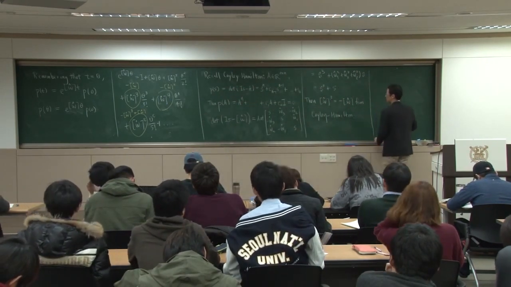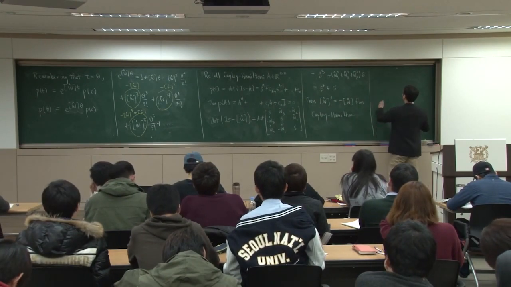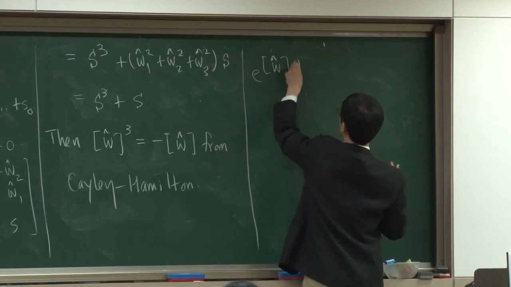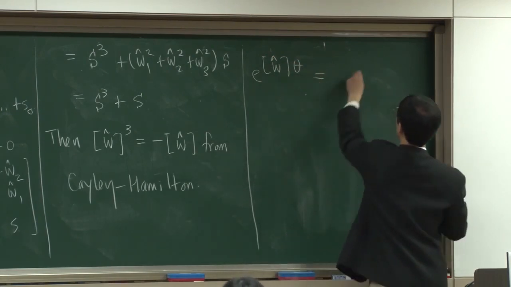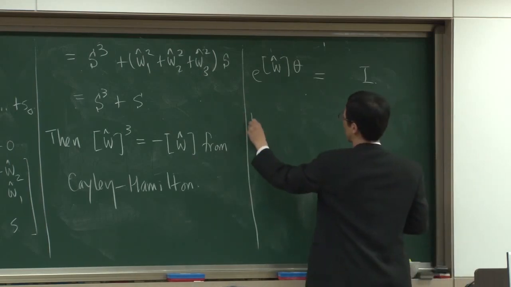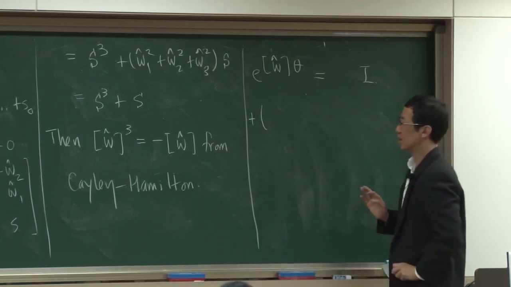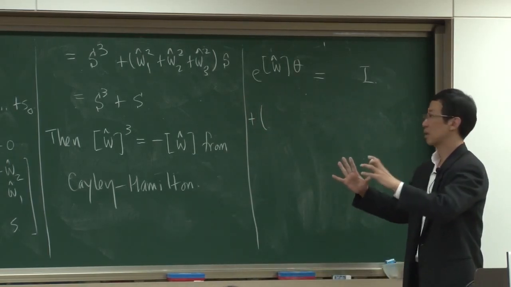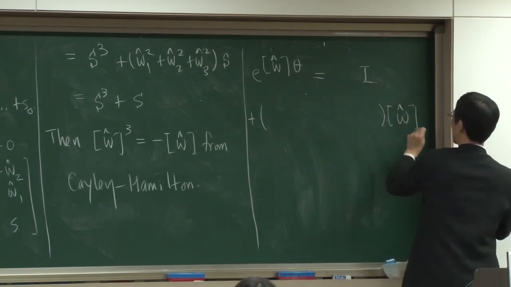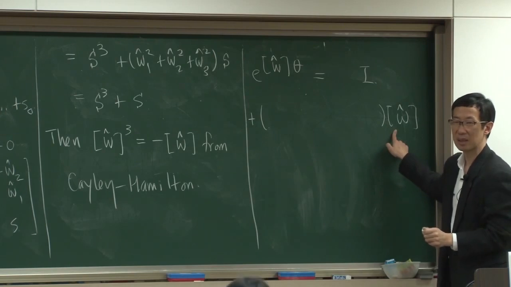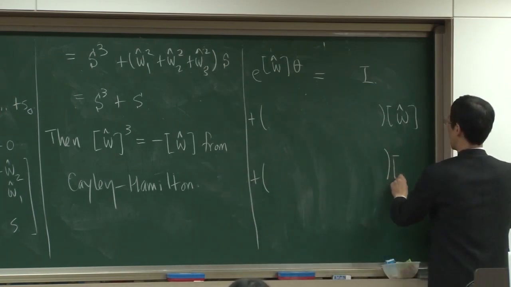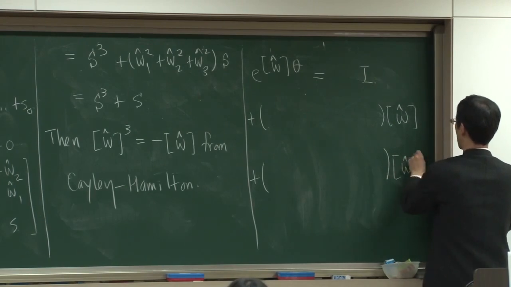So what we end up with is the following. e to the omega hat theta is equal to I, plus a term involving omega, the skew symmetric matrix, and another term involving omega squared.